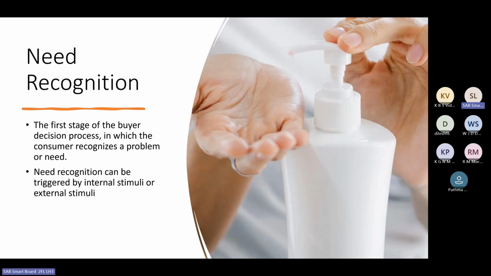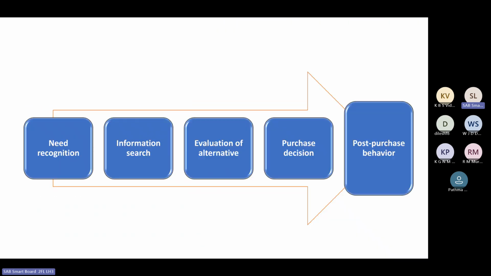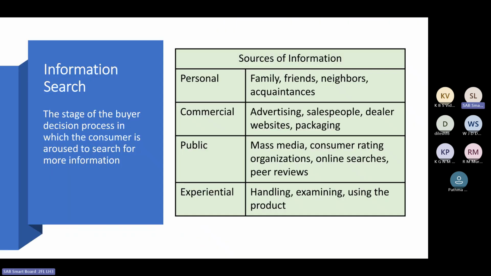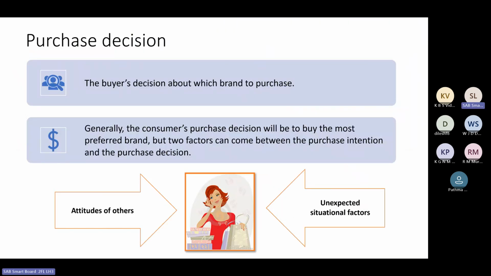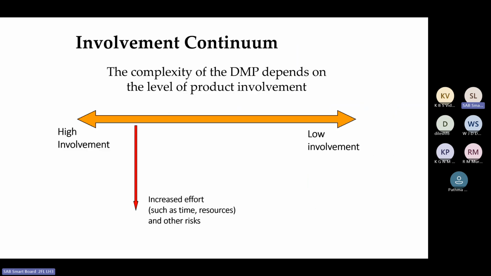So this would most probably be an examinable area at the exam. The famous question that we normally get in the exam, right? Okay. So with that decision making process, we have something called the involvement continuum, right?